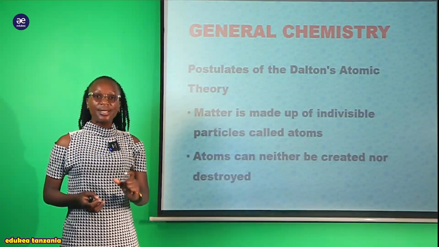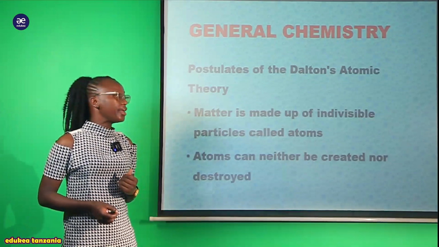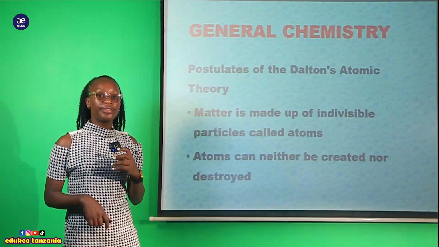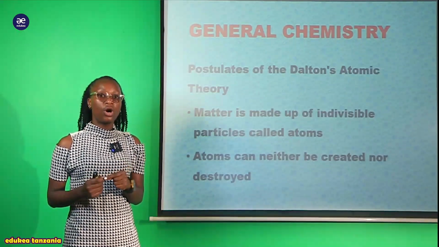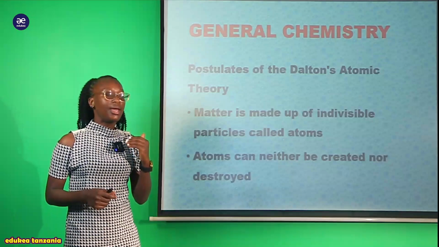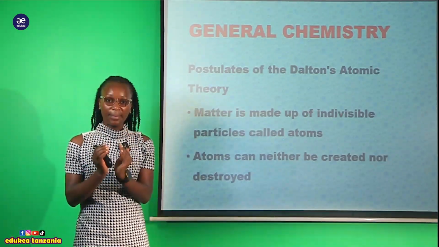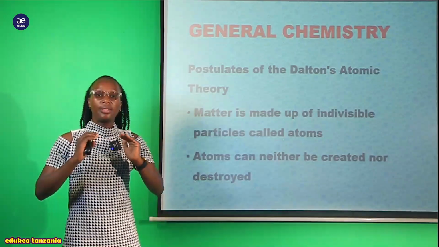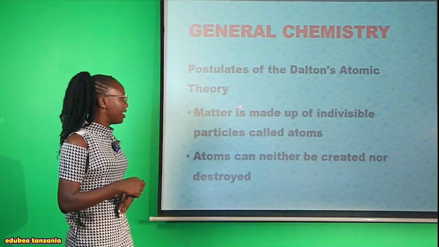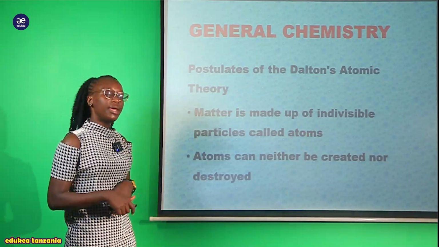So the first postulate of Dalton atomic theory, he tried to look at the issue of matter and atom. So he came up with the idea that matter is made up of indivisible particles called the atom.